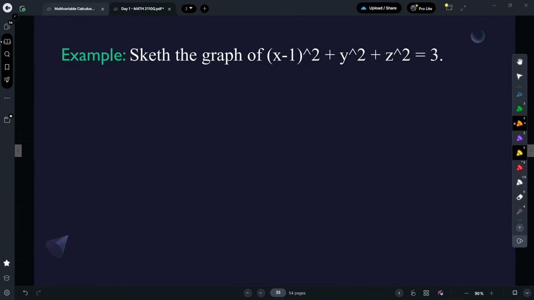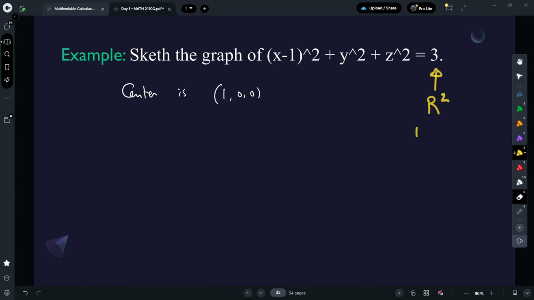So this tells me the coordinates of the center will be x minus the coordinate, y minus the coordinate, z minus the coordinate. So the center is 1, 0, 0. And just remember that in the equation of a sphere, we squared that square root to find the formula. On the right-hand side is the square of the radius.